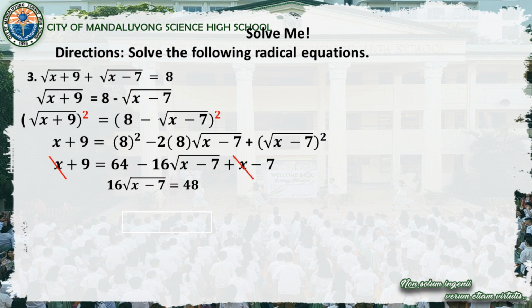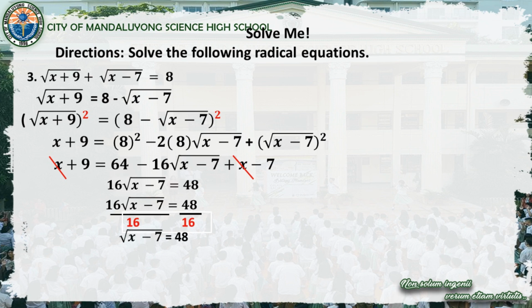Now, notice that the left side of the equation and the right side of the equation share a common number. I mean, 16 is the greatest common factor of 16 and 48. So I have to divide both sides of the equation by 16.